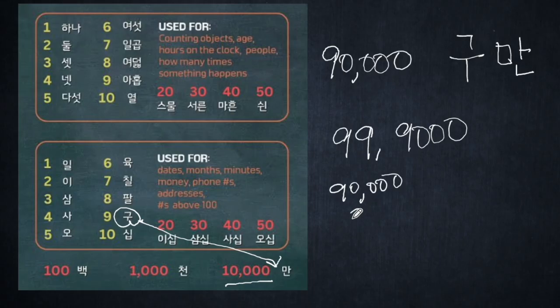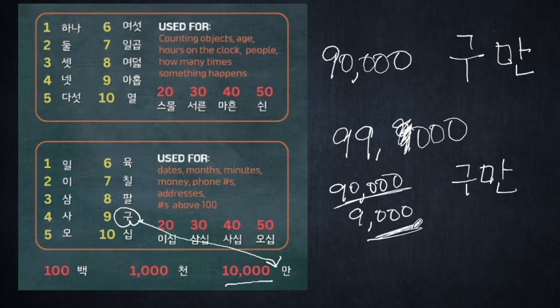And next one is 9,000. Let me see. Oh, this is wrong. 99,000. That's what I want. 90 plus 9,000. So how do you write 90? 9만. And then this is 1,000, 천. 9,000. 99,000. Okay? All right.